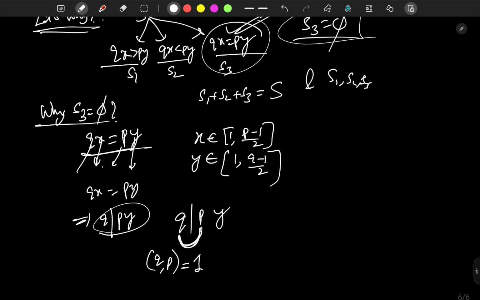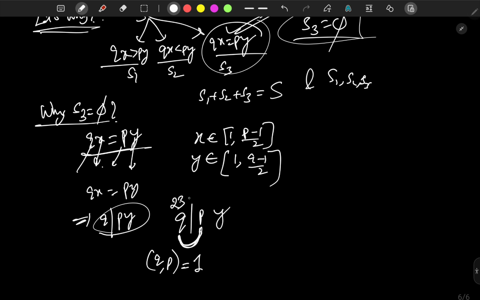If you take q as 23, you may say, bro, I will take p as 46, but this is a blunder. Okay? Because 46 is 23 into 2. Of course q may divide it, but 46 is not a prime.